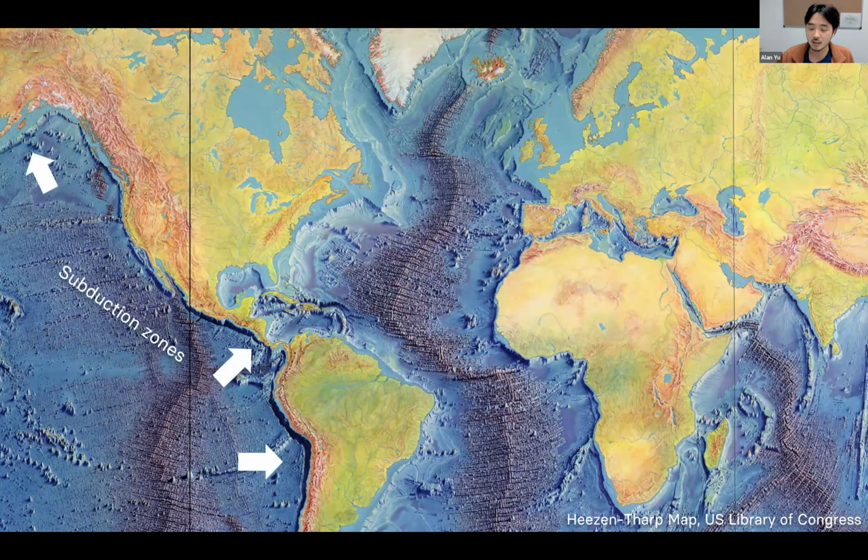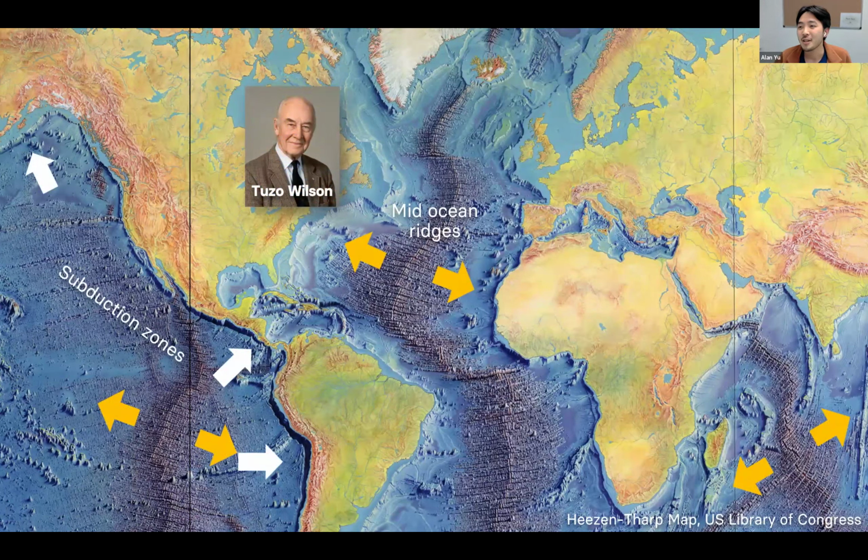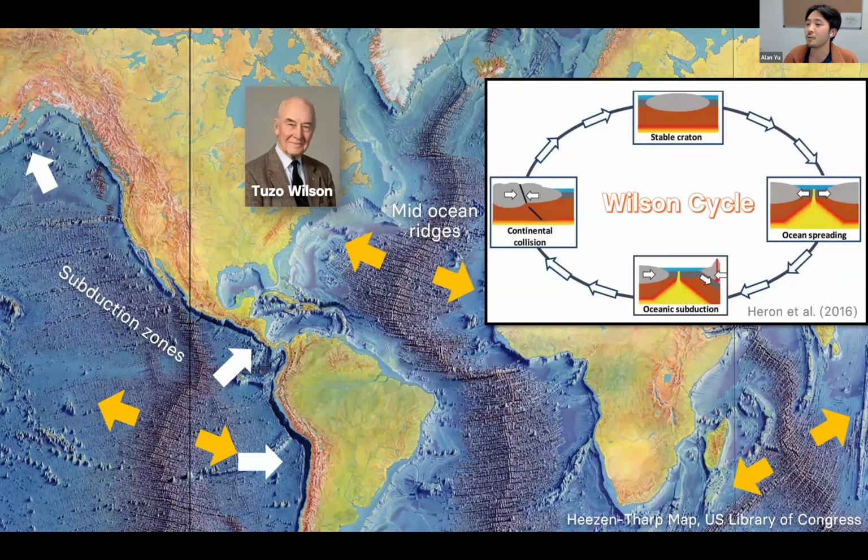From her map, we can see subduction zones, notably the Pacific Ring of Fire, as well as mid-ocean ridges, notably the Mid-Atlantic Ridge. Tuzo Wilson, from the University of Toronto, strung these features together into an ever-evolving Wilson cycle that is set to govern the Earth since plate tectonics began.